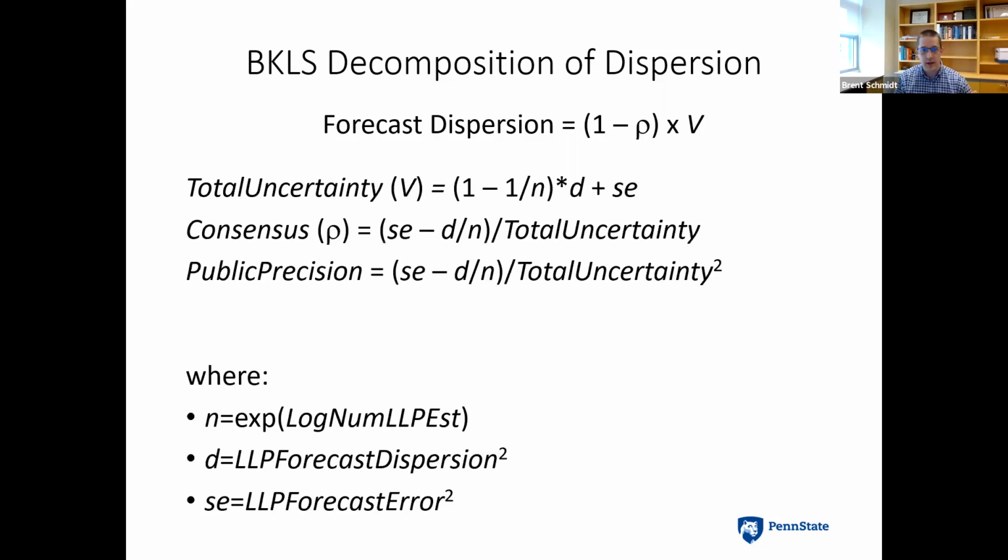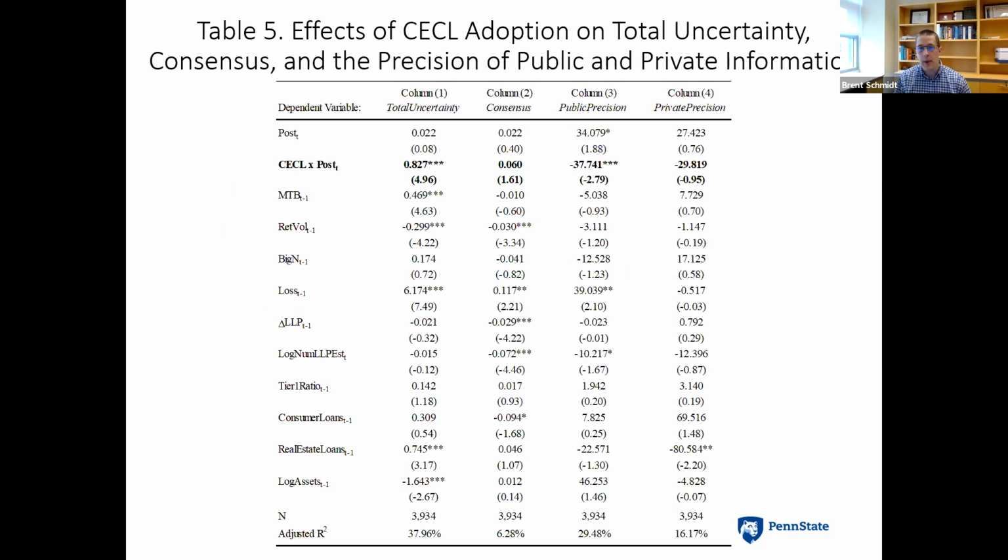So this is something that we do. Here's how we calculate that. It's consistent with prior literature. But what we actually find when we decompose the dispersion result is that this does seem to be driven by an increase in the total uncertainty rather than a change in consensus, which again, we think about as private information gathering.